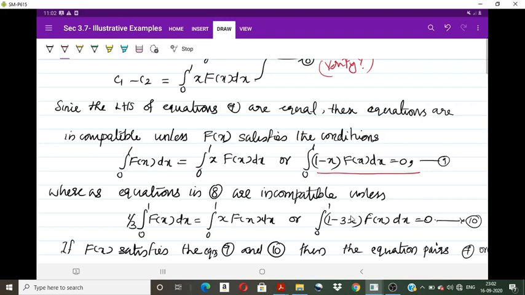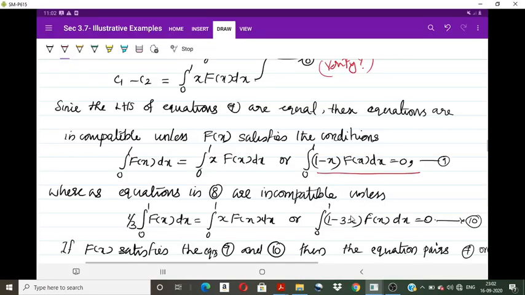Whereas from equation number 8 we can see that it will be incompatible unless integral 0 to 1 of 1 minus 3x into f of x dx is equal to 0.